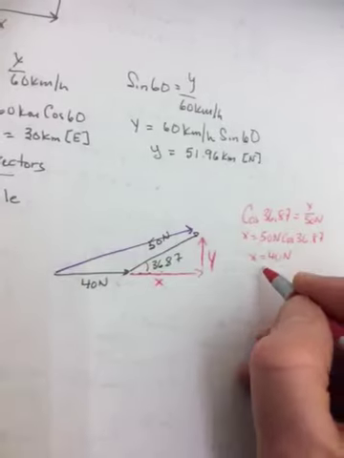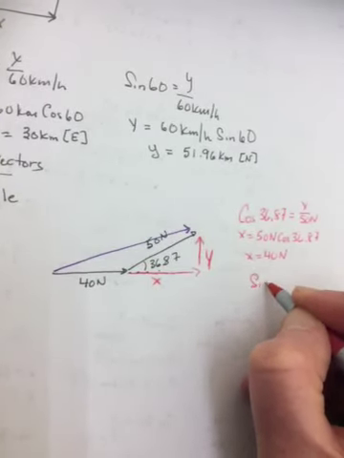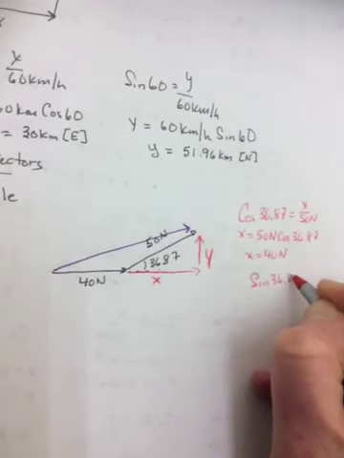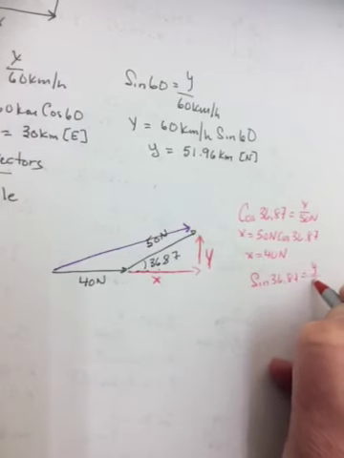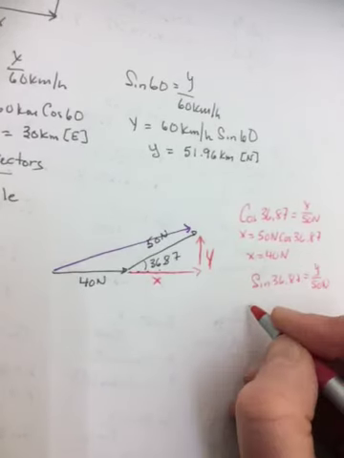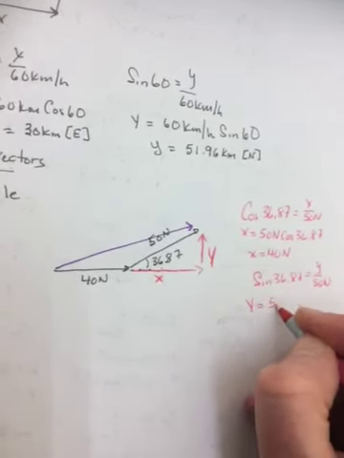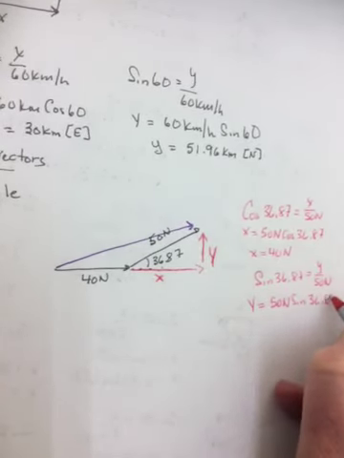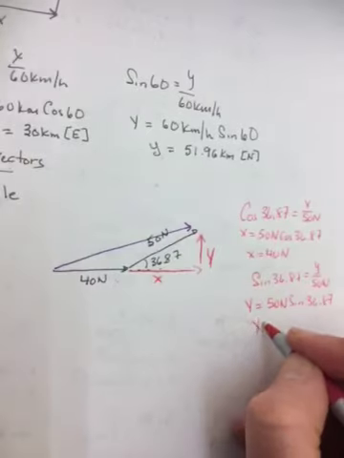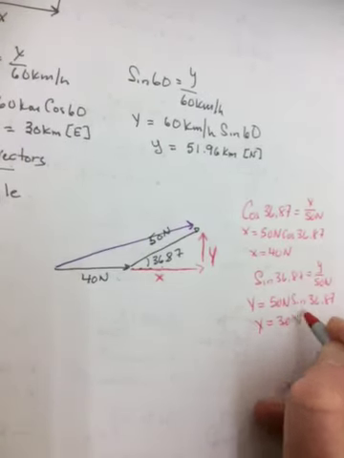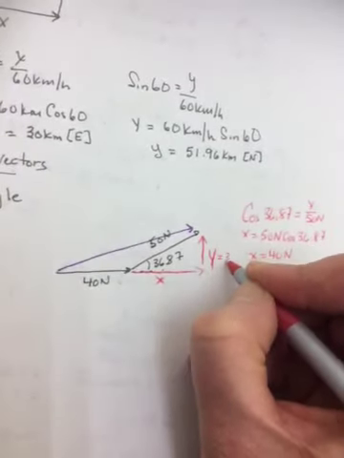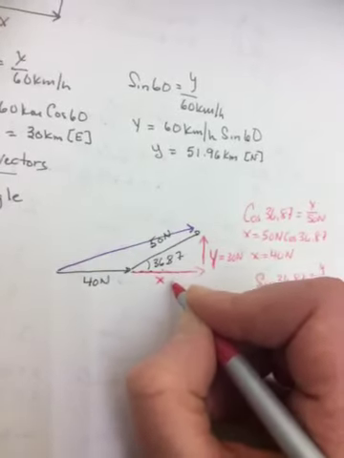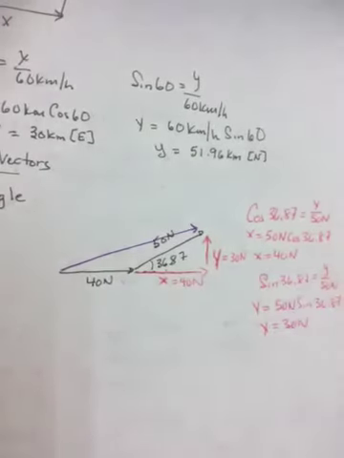And y is the opposite side, so sine of 36.87 is equal to y over 50 newtons. So y will equal 50 newtons times the sine of 36.87. That should be 0.6, so y should be 30 newtons. So this is 30 newtons here, and this is 40 newtons here.